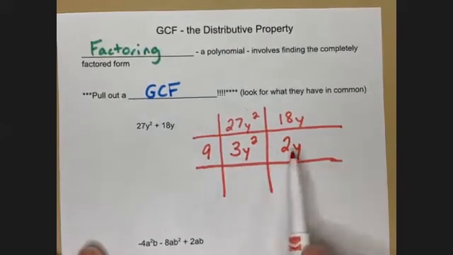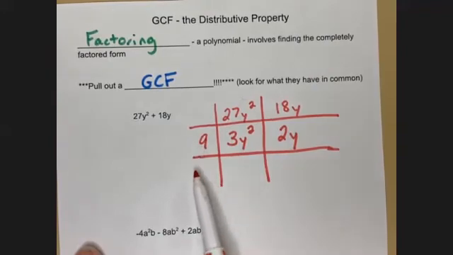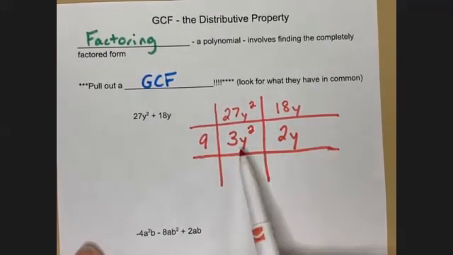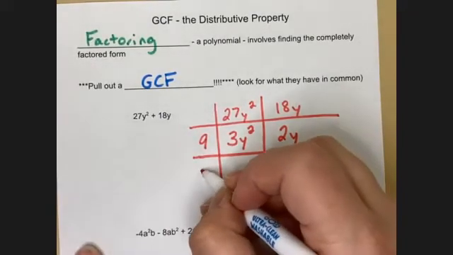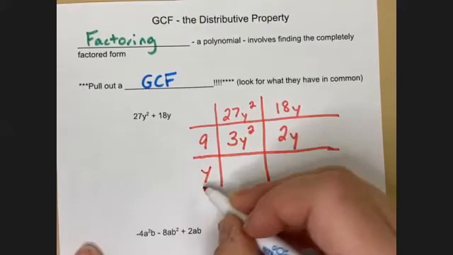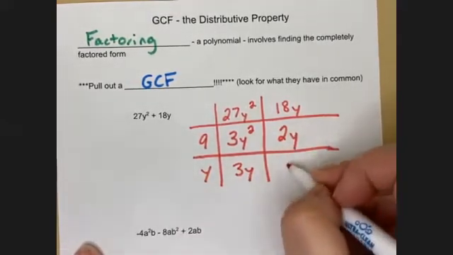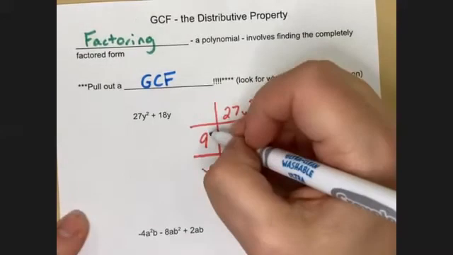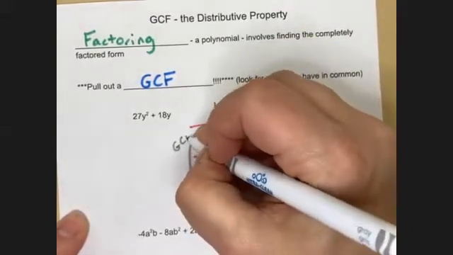So now between 3 and 2, there's nothing else I could factor out. If I had done the original 3, I'd do another line of numbers for a second 3. Now, between y squared and y, they both have 1y, so I'm pulling 1y from each of them. So that just leaves me with 3y here and 2 there. All right, so now that I have that, I'm going to multiply all of those together to get my GCF.